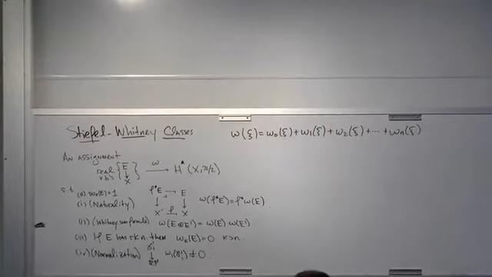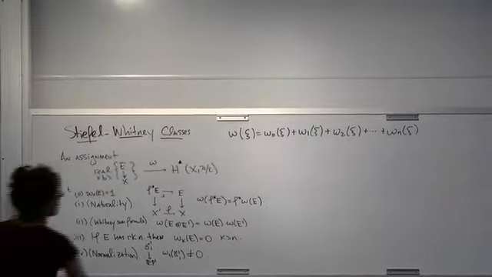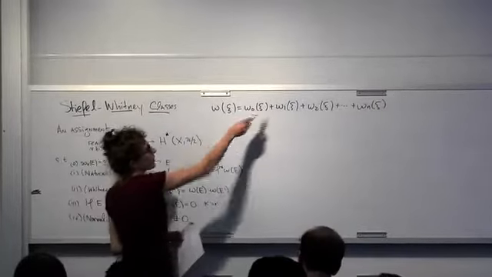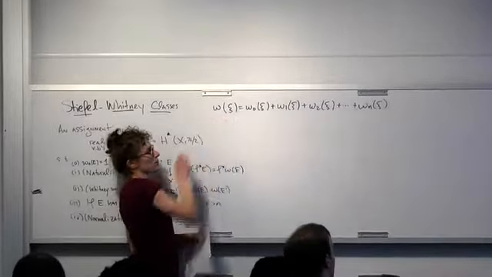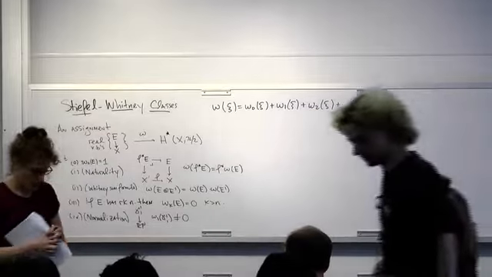And one thing that I will say also, maybe on this board: I said last time that we can write the total Stiefel-Whitney class, so you just write W without a subscript, of your bundle as this formal sum, okay?